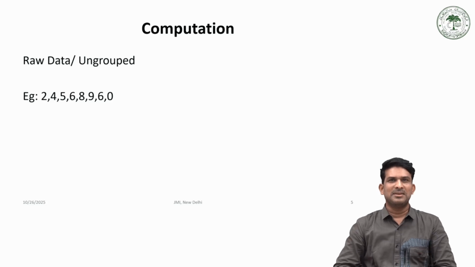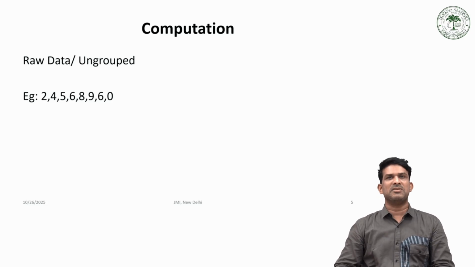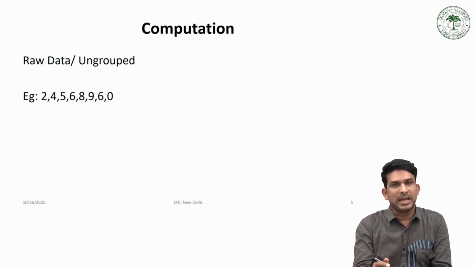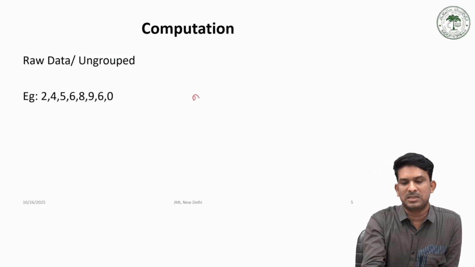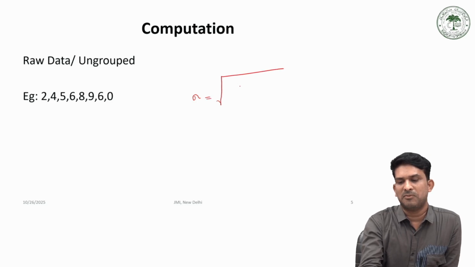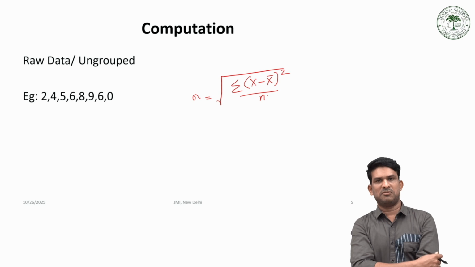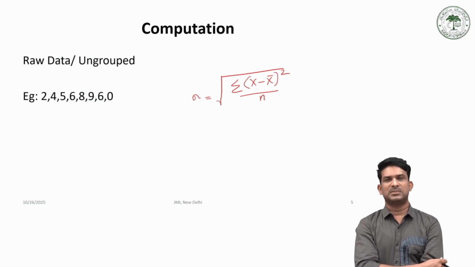Is it clear? Okay. Now let us come to computation of standard deviation for this. For clarity, I'm writing again the equation. Standard deviation is the square root of arithmetic mean of squares of deviations of observations from their mean. This is the equation for standard deviation of raw data.